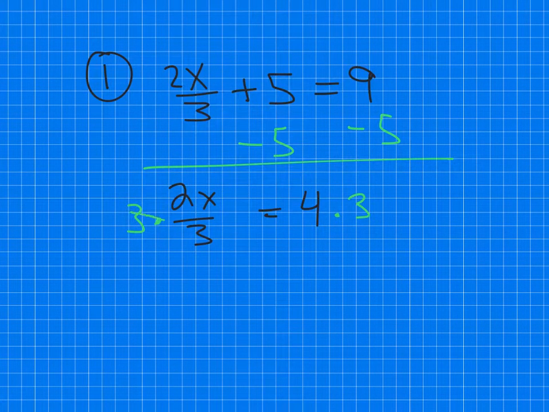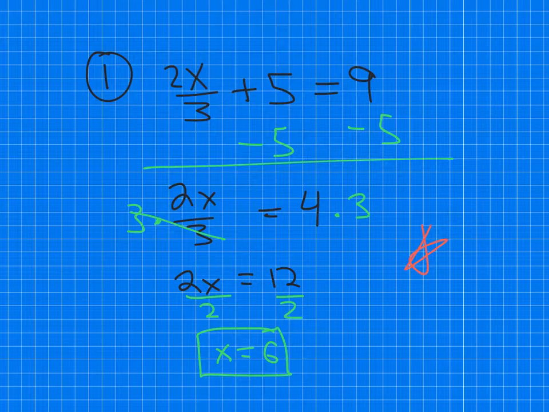That's going to cancel those out, and now I have 2x equals 12, and then I can divide both sides by 2, and I get x equals 6 as my answer. Notice in this problem, the big key is that we subtracted 5 first. Now let's look at the second.